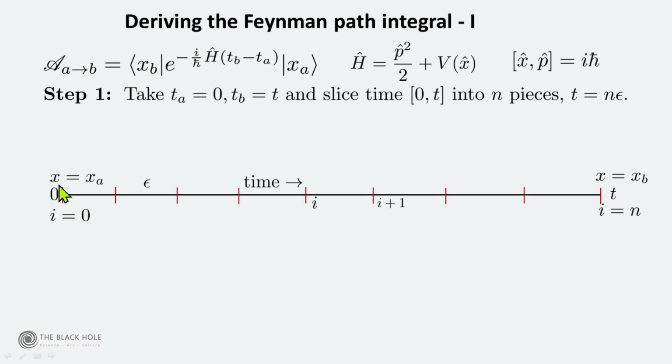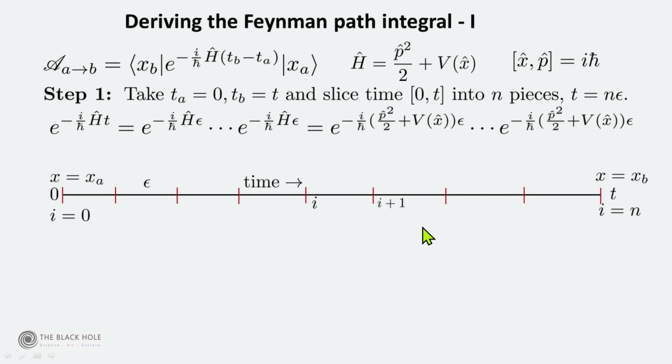So here is time increasing from left to right, initial point, final point, and I am going to write e to the minus HT as a product of n exponentials.